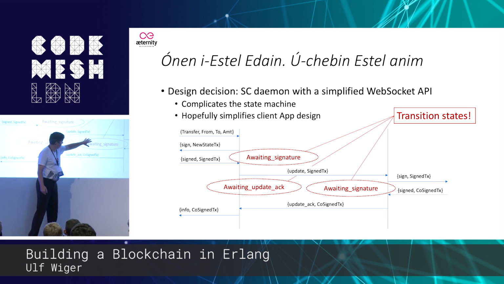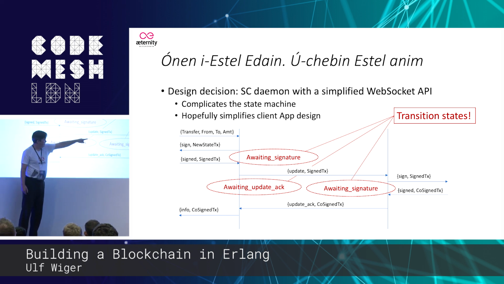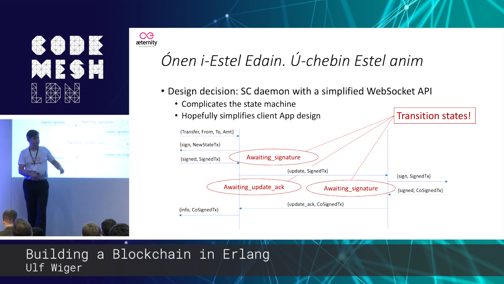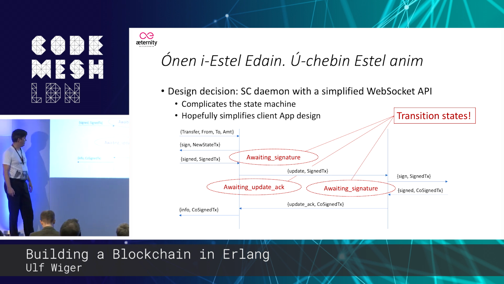And then it's in a wait state here. But while we are here, if the other client has decided to initiate an update, then you get a conflict. So you complicate the state machine quite a lot when you do this.